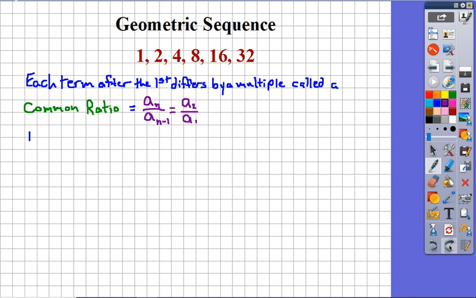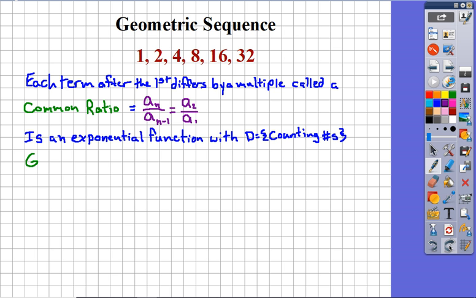Now, the other thing to realize is that a geometric sequence is an exponential function, with a domain of the counting numbers, just like before. So again, the first, the second, the third, the fourth, the fifth term, and so on.